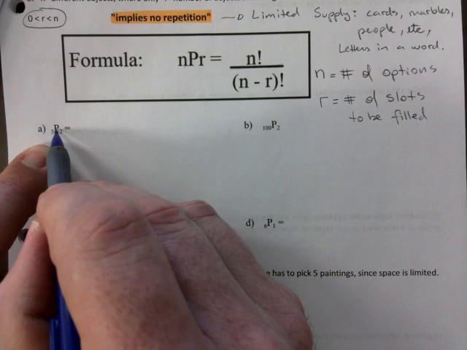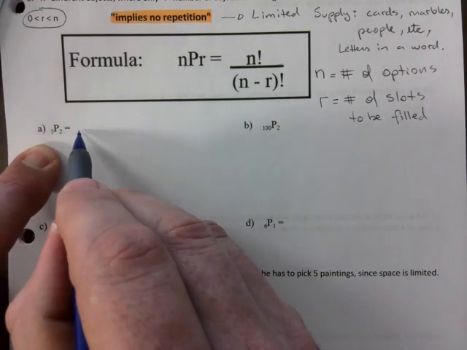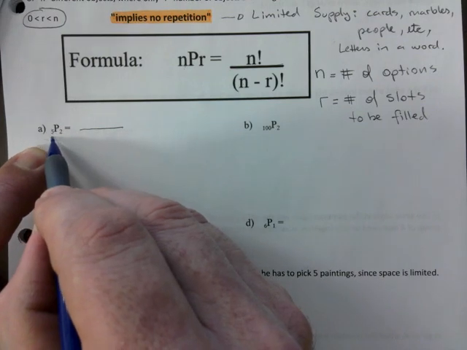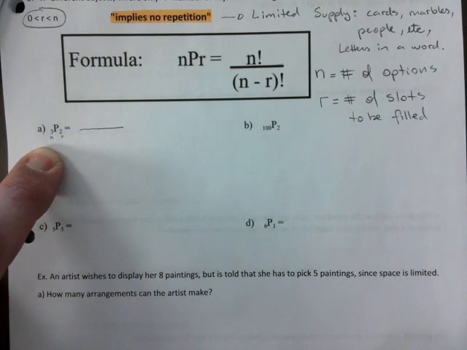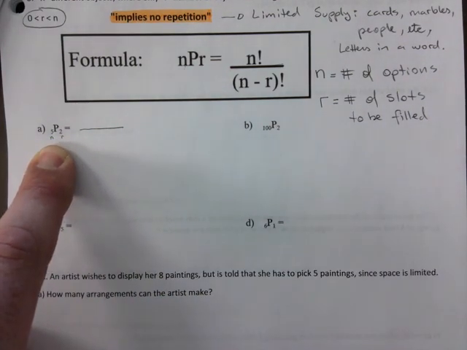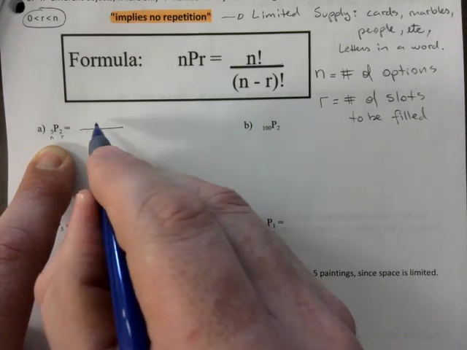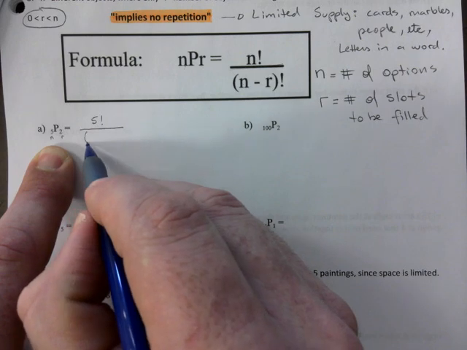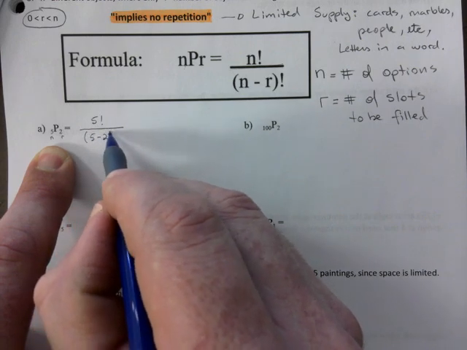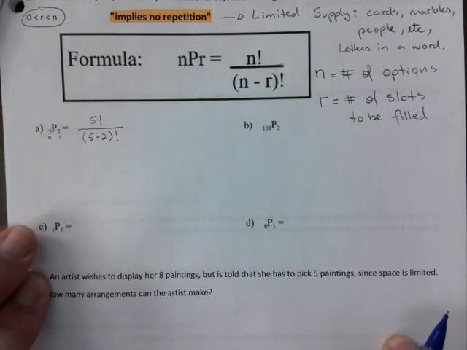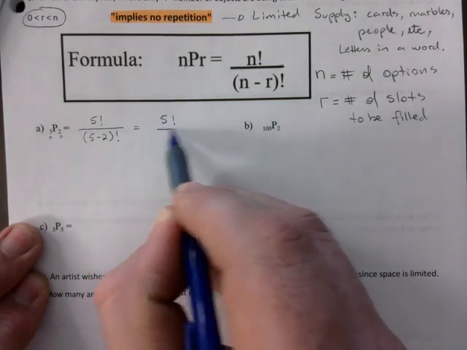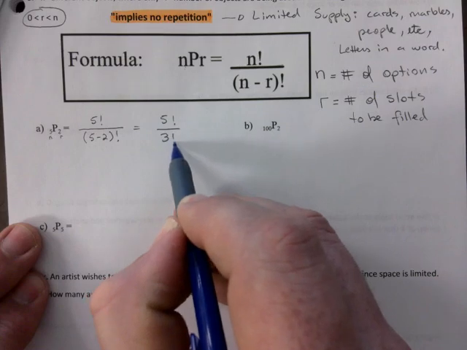If I ask you 5P2, evaluate that, use this formula right here. So this is n and that is r. Sorry, it's very small, but I hope you can see that. So there'd be 5 factorial divided by (5 minus 2) factorial, which ends up being 5 factorial over 3 factorial.